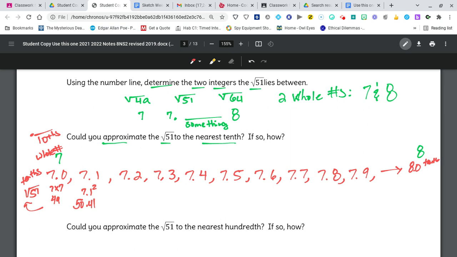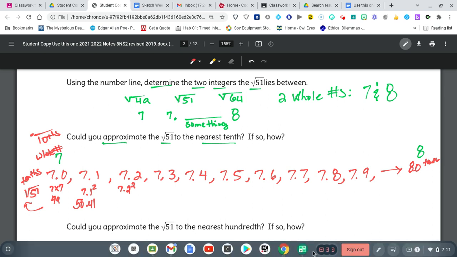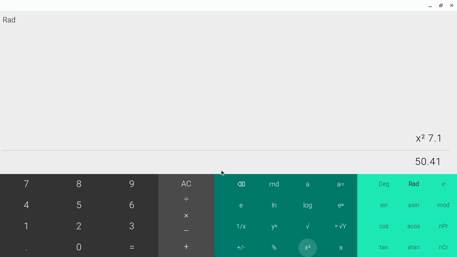That's close to 51, but what if I square the next tenth? 7.2 times 7.2, or 7.2 squared. Let's see what I get. 7.2 squared is 51.84. Okay.